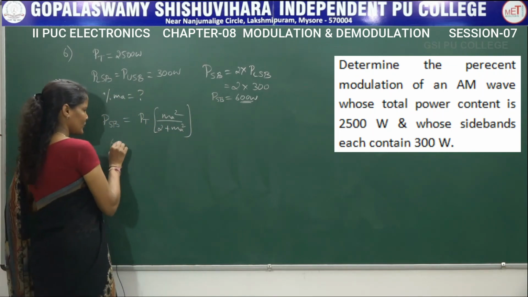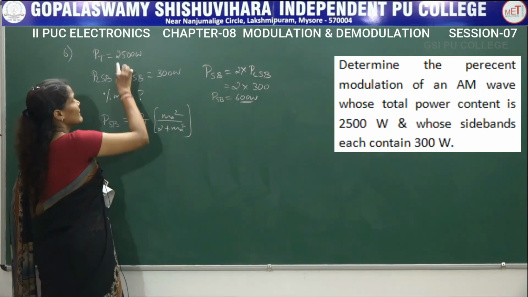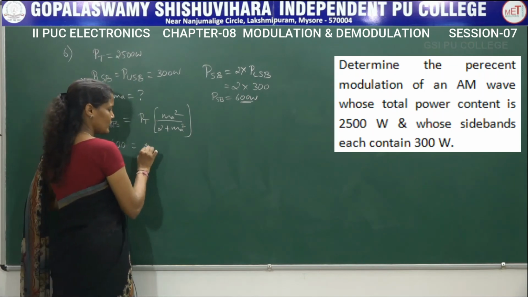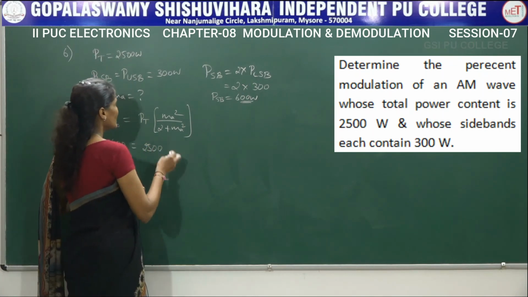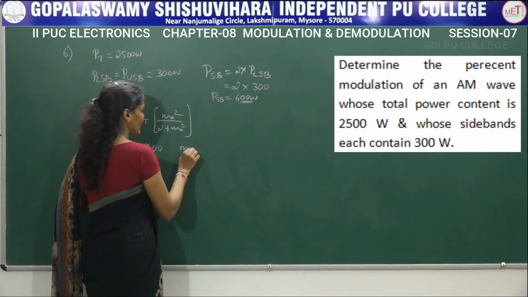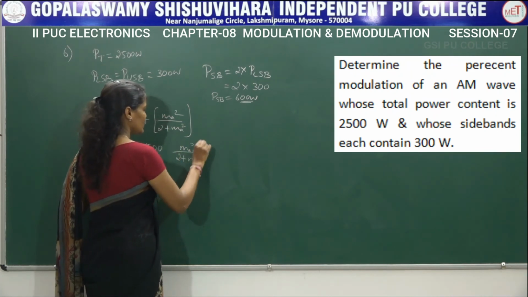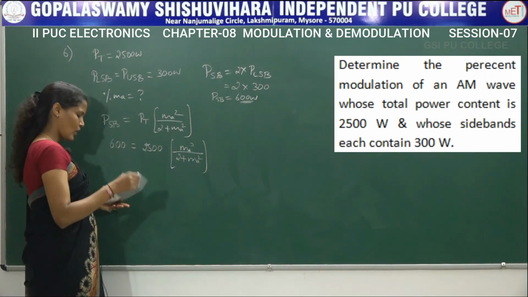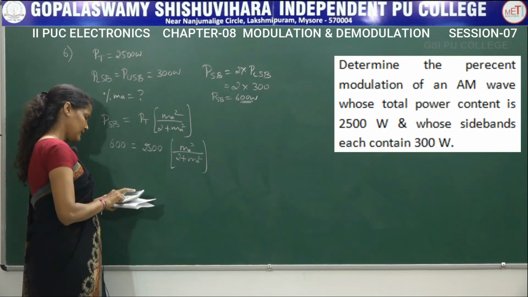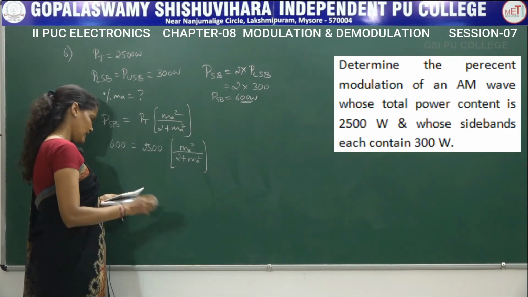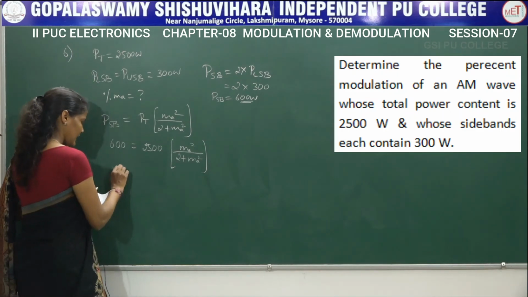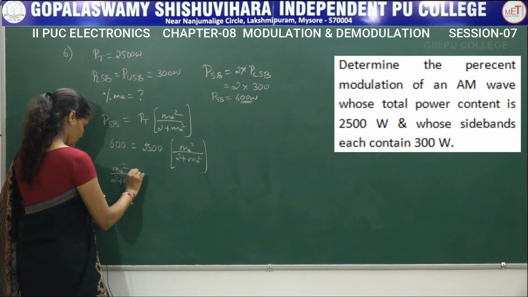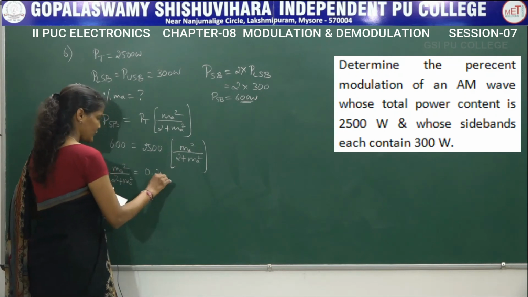So let us substitute here. 600 equals PT value, which is 2500, into MA square divided by 2 plus MA square. So here 600 divided by 2500 gives me MA square divided by 2 plus MA square, which is equal to 0.24.